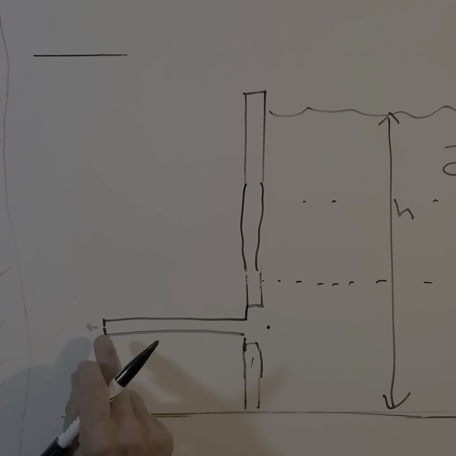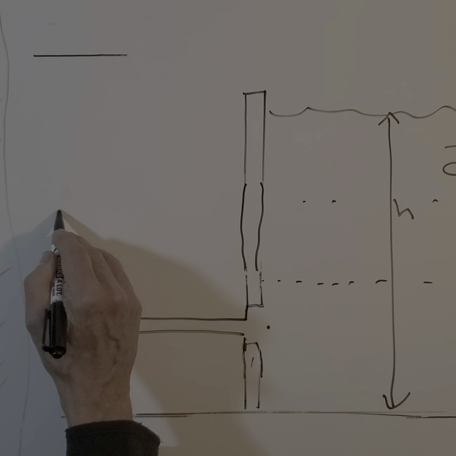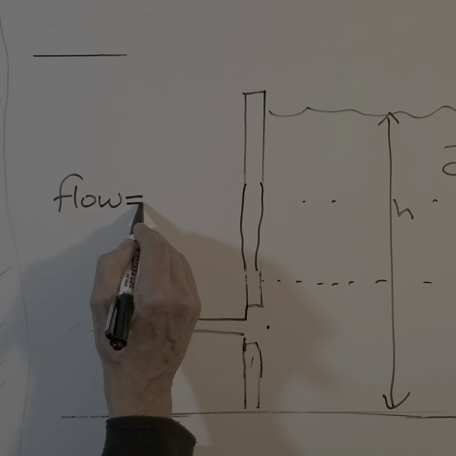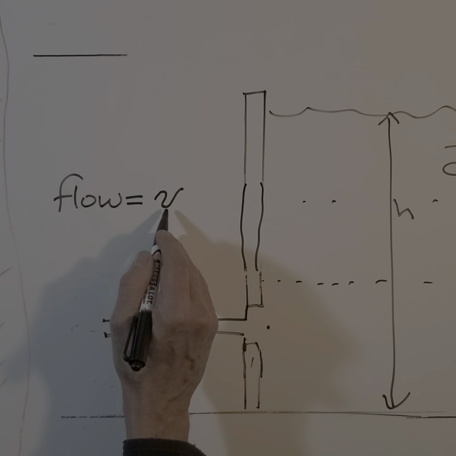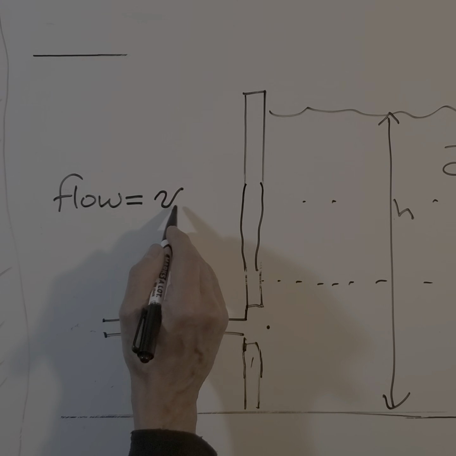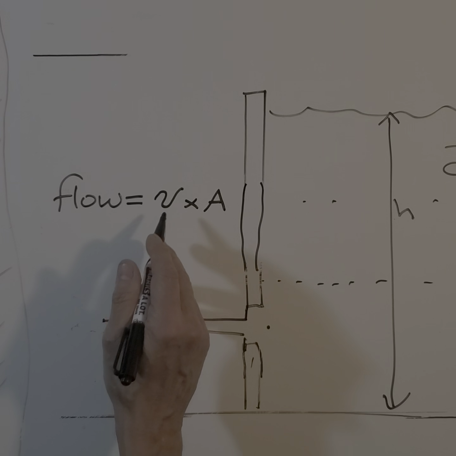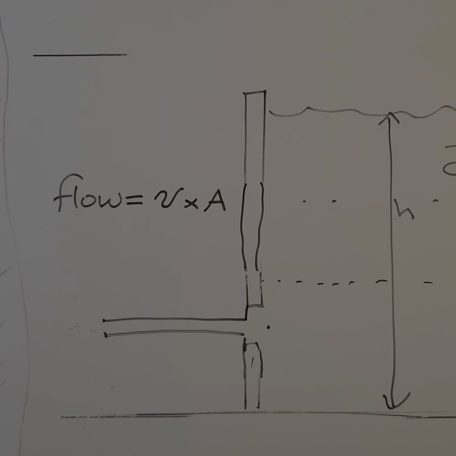But as you open the aperture, remember, flow is going to be equal to the velocity of the flow out of the aperture times the area. So considering you have a fixed velocity, if I double the area, I double the flow.